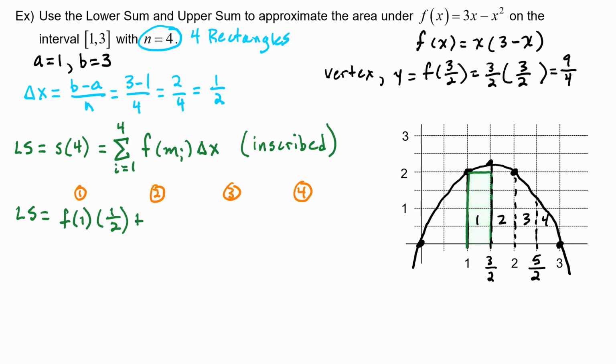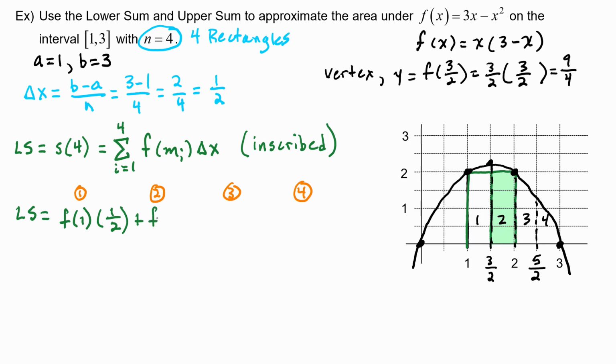And we have to add to that the area of the rectangle in region 2. Now in region 2, we can't use the left endpoint because that would give us a height that goes outside of the area under the curve. That would be a circumscribed rectangle. So we will choose f of 2 for our height so that we get the inscribed rectangle.